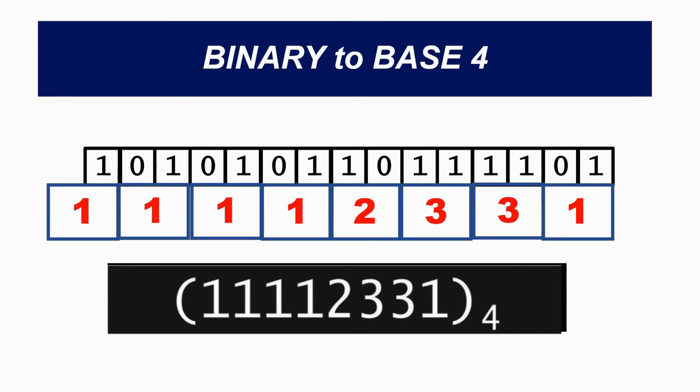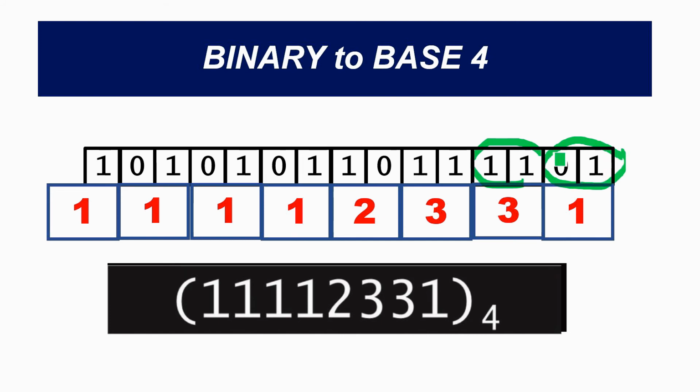Now that we have seen how to convert from decimal to binary and hexadecimal, all of the bases, let's go back and look at a simple problem of converting binary to base 4. So that means we are converting from base 2 to base 4. This is a very simple process. You simply take the binary value and split the digits in groups of 2.